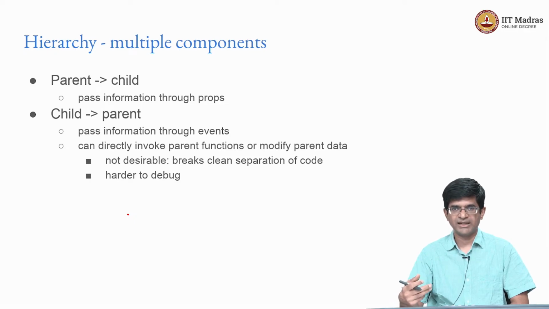Because when I am looking at the parent class, I know that it is instantiating child classes or child components, but I do not expect those child components to directly have any impact on the parent's data without having something very clear that tells me what it is that's modifying this. And by directly allowing a child to go and modify the parent's data or to invoke a function over there, we are breaking the separation of concerns, which means that the debugging and maintainability of the code becomes harder.